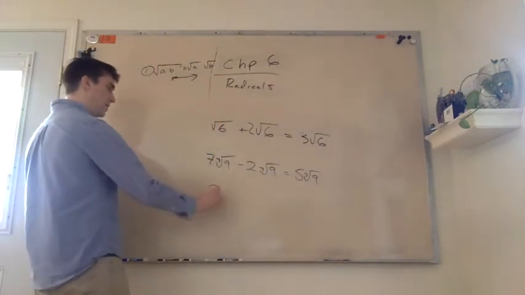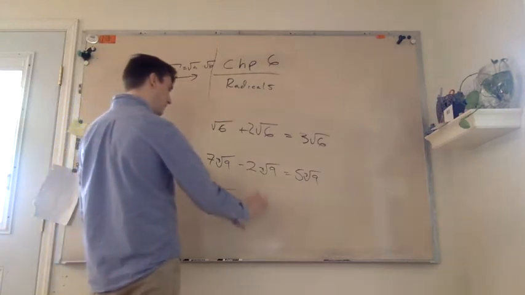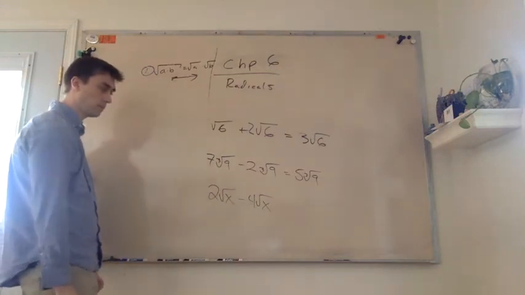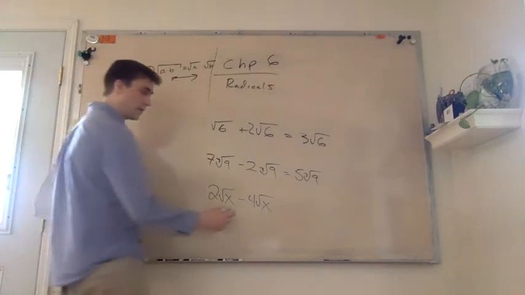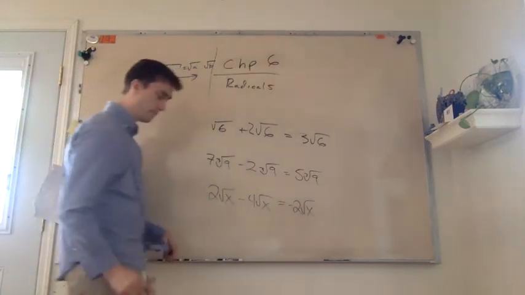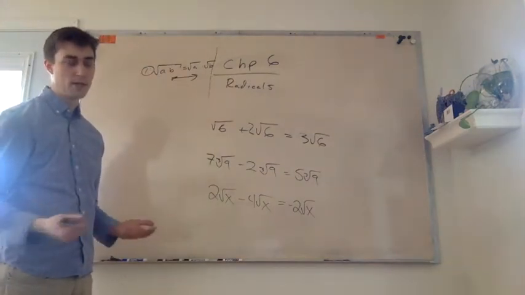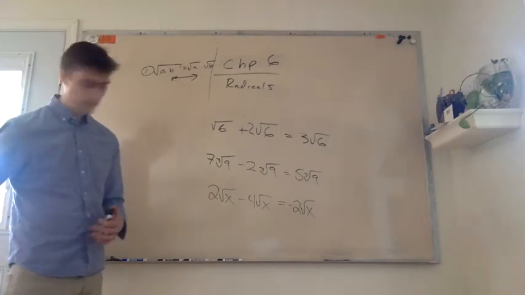How about 2 square root x minus 4 square root x? That is negative 2 square root x. So it's addition and subtraction, and you just have to make sure they are the same radical before you do that.